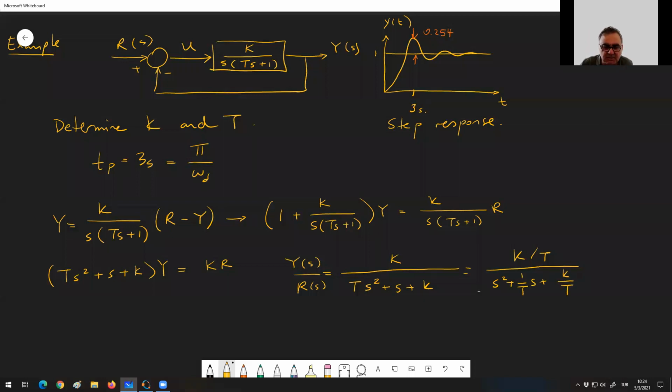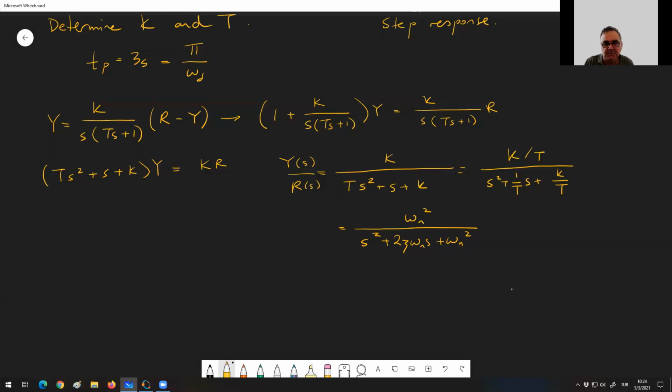Now this is a standard second order system: omega n squared over s squared plus 2 zeta omega n s plus omega n squared, as you see, where omega n squared is K over T, and 2 zeta omega n is 1 over T. Let's continue from here.